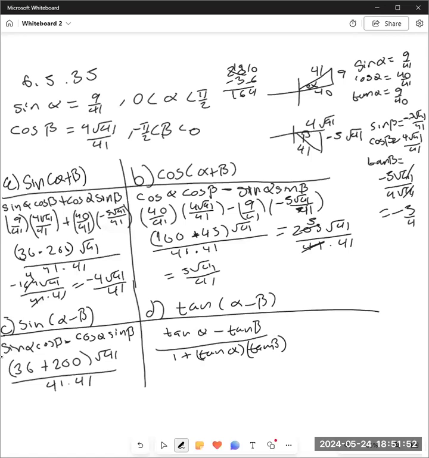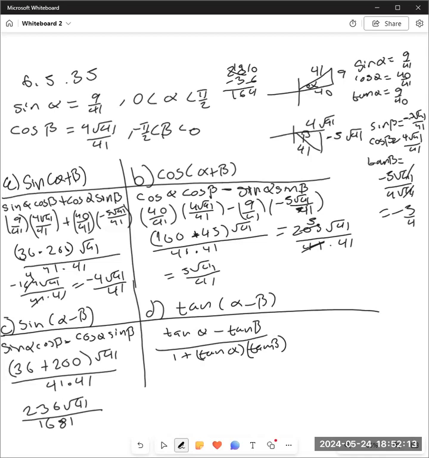So this is 236 root 41 over, and then 41 times 41 is 1681. Go ahead and use your calculator to confirm that, but there's no common factors between 41 and 236. So that's simplified.